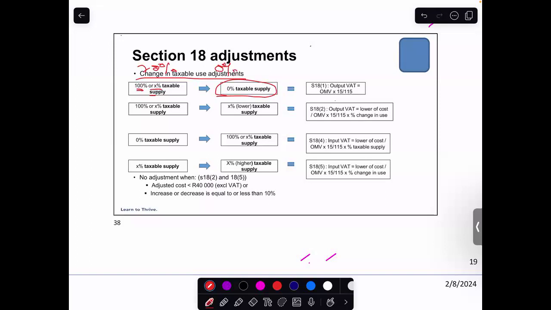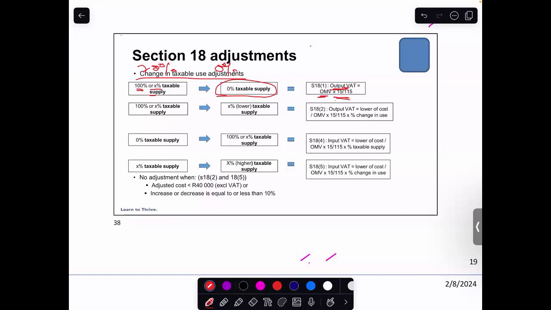So what does the Act say? They say we have to calculate output VAT on open market value as follows. Open market value times 15 over 115. That's why they were supposed to take the market value of the asset on the date of change in use and multiply it by what?